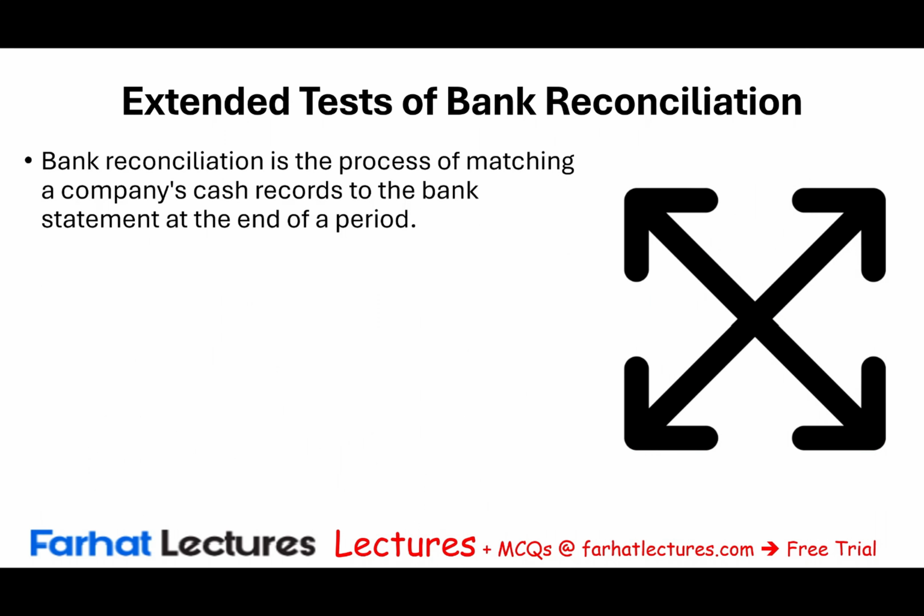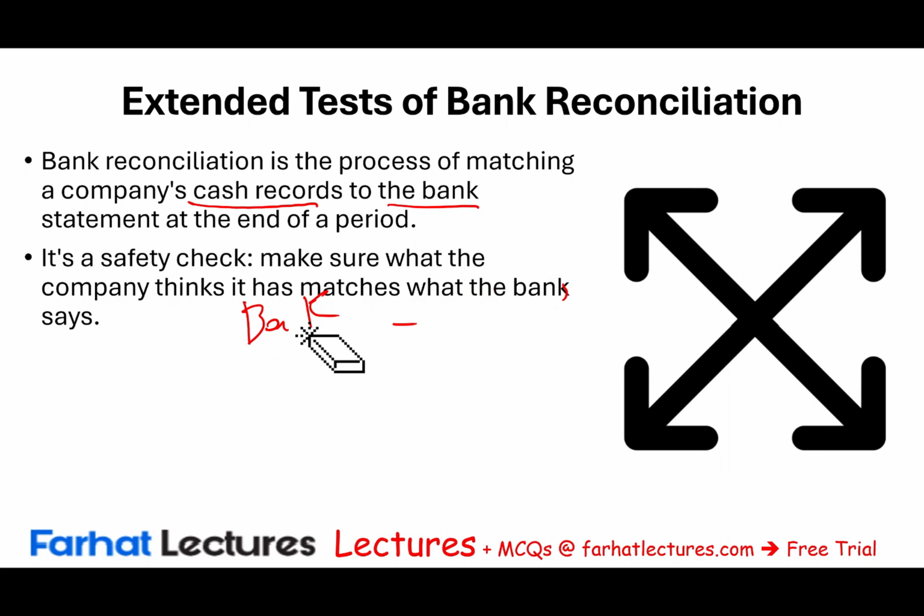Remember, the bank reconciliation is reconciling the cash record to the bank. Remember, we have two sides. We have the bank and we have the books. And at the end, they should equal each other after we account for everything. So it's a safety check to make sure what the company thinks it has matches what the bank says. So the books, the general ledger, and the bank, they reconcile, they equal each other.